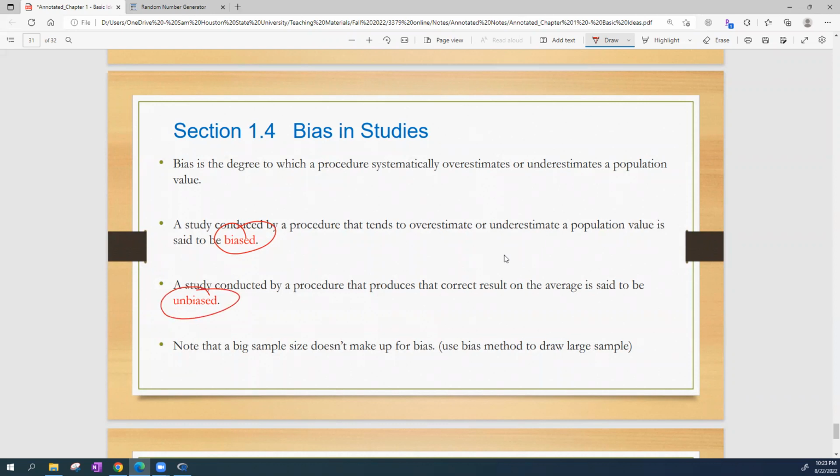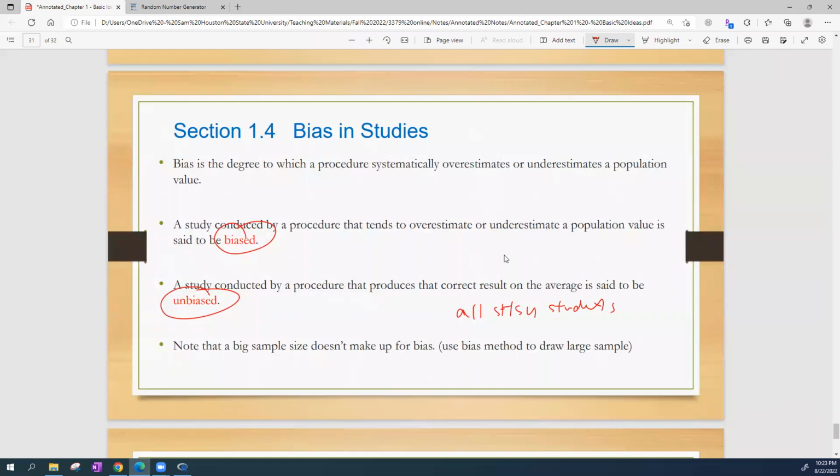And one thing to mention here is that a big sample size doesn't make up for bias. For example, use a biased method to draw a large sample. If we want to look at the average height for all SHSU students, that's the population.